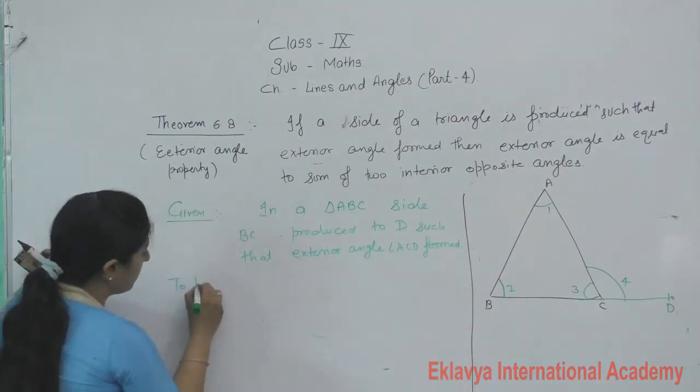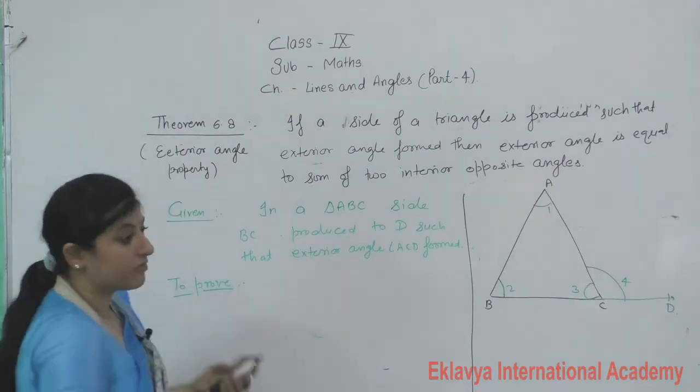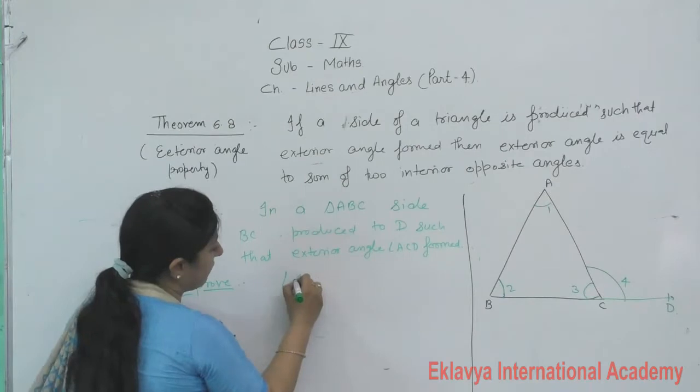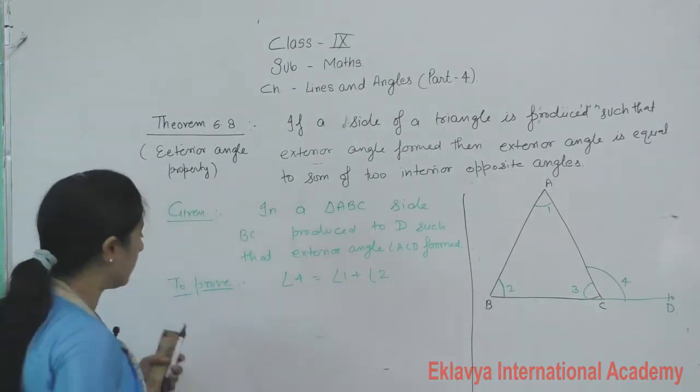To prove: what we have to prove is that angle 4 is equal to angle 1 plus angle 2.